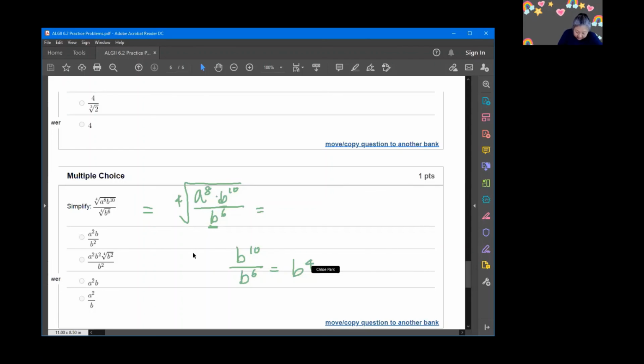So then inside of the 4th root, this could be a to the power of 8 and b to the power of 4. Then this is a to the power of 2 and b. Yes, the answer is here.